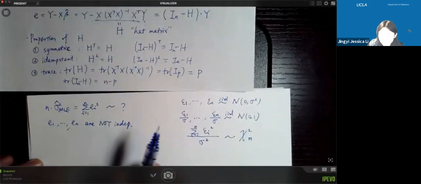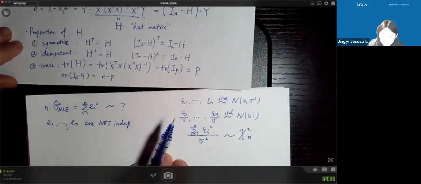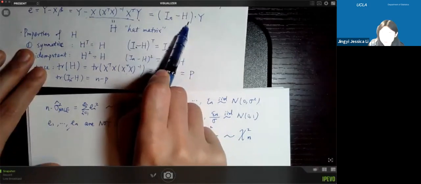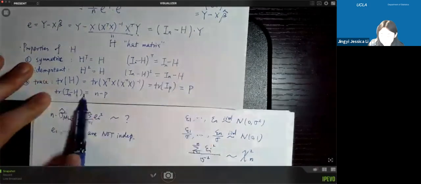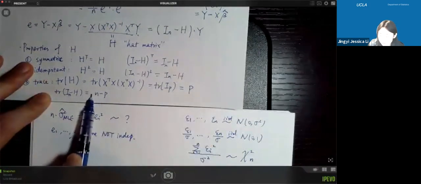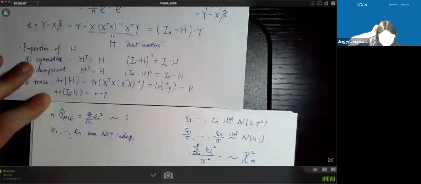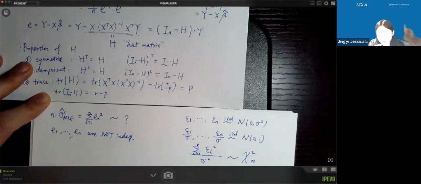To do this, we will actually need to still utilize this fact, and also we're going to utilize the trace over here. I'm not going to give you the detail about the derivation, but if you're interested, you can check it online. And I'm also going to post a very good note I found from UC Davis about the asymptotics of the regression estimators to RCCLE.